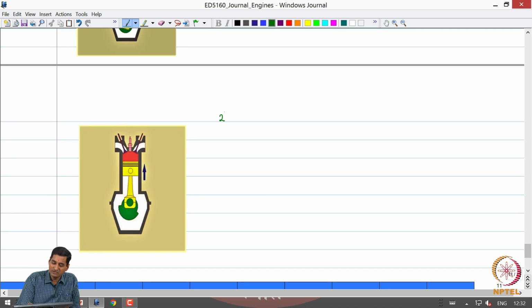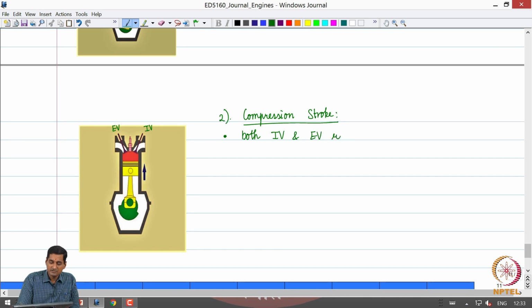The second stroke is the compression stroke. In the compression stroke we can observe that both the inlet valve and the exhaust valve remain closed. The piston starts to move from the bottom dead center and goes towards the top dead center.